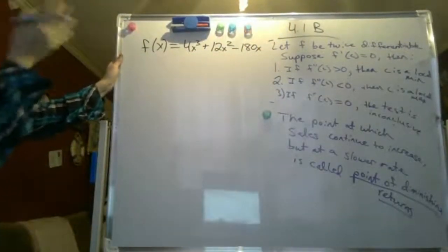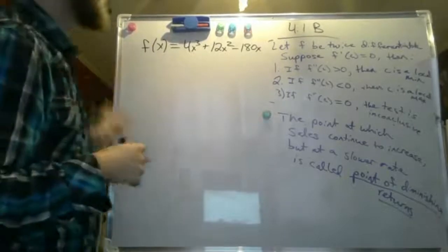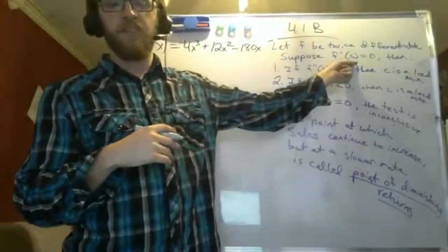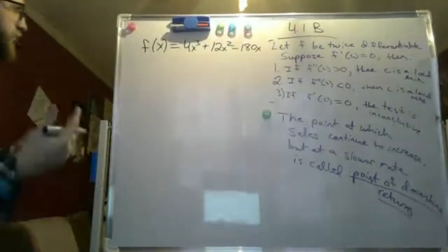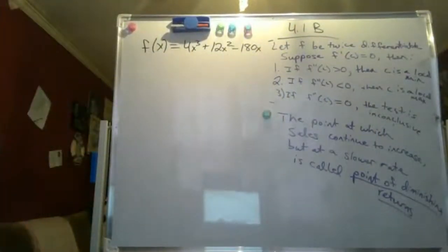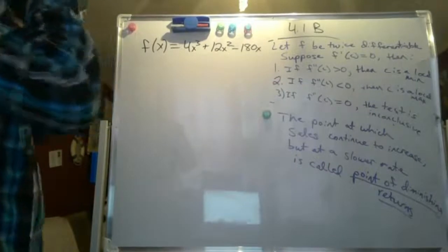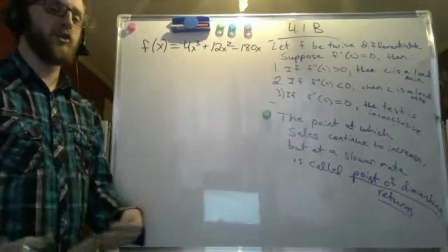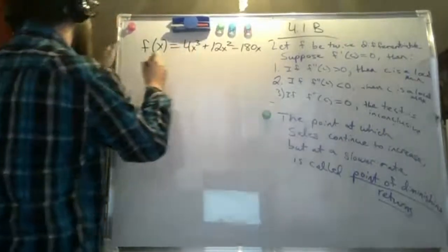Now, the first derivative test, or I'm sorry, the second derivative test tells us we need critical points. In order to get critical points, we have to find where the first derivative is equal to 0. That's the definition of a critical point. So let's go ahead and do that.